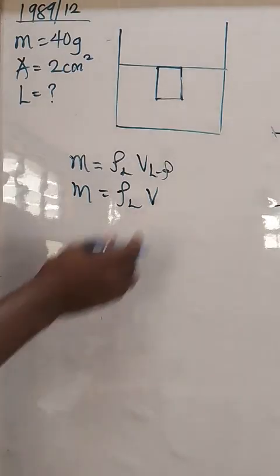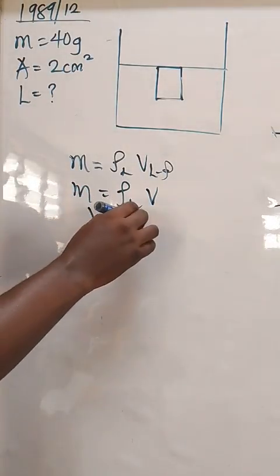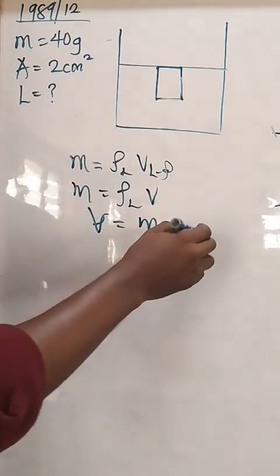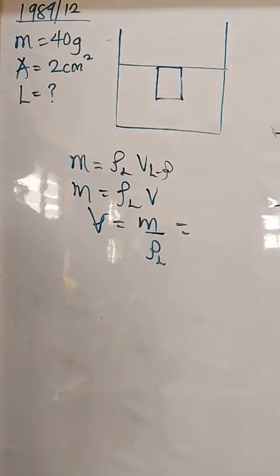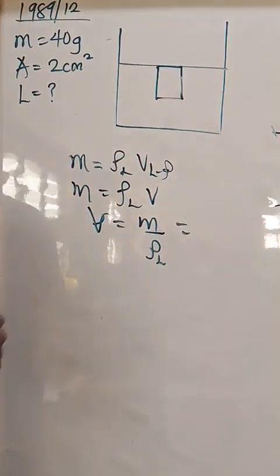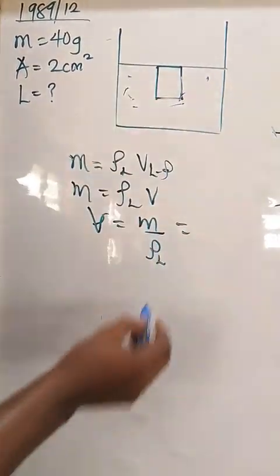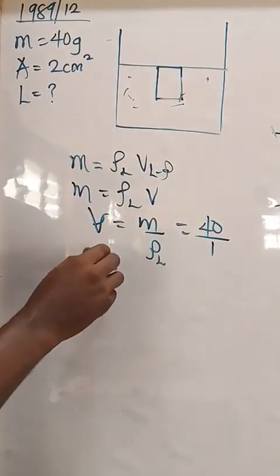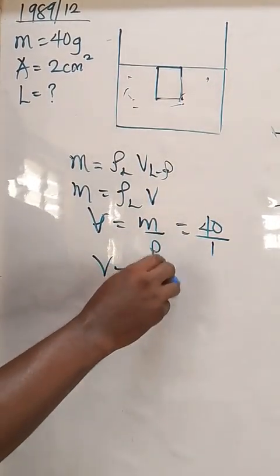So let's get the volume first. The volume becomes mass over density. The mass is in gram. Are we given the density? Density of water. It's floating in water, right? So there is the density of water. The mass is 40. The density of the liquid, which is water, is 1. So the volume is 40 cm³.